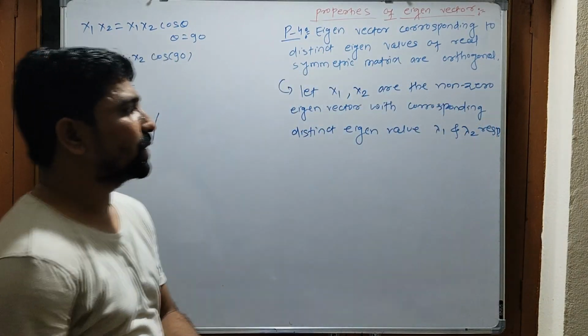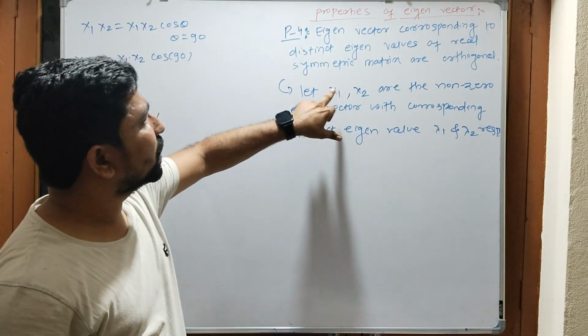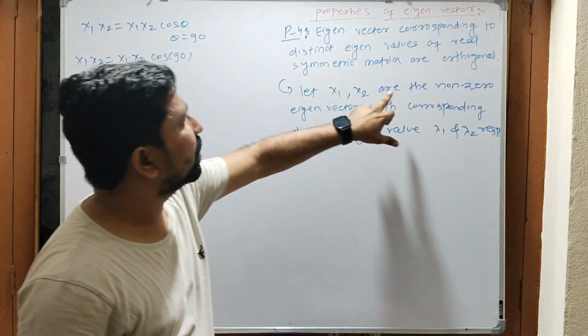Here lambda 1 is the eigenvalue corresponding to x1 and lambda 2 is the eigenvalue corresponding to x2.